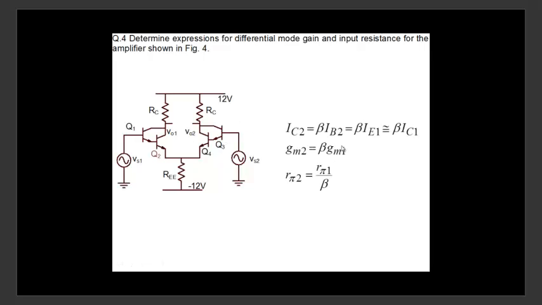Once you do the bias point, we know the relationship IC2 is beta times all of that. You can find out GM2, RPi2, all of those things. You can also note the relationship between RPi2 and RPi1. We have handled Darlington pairs earlier.